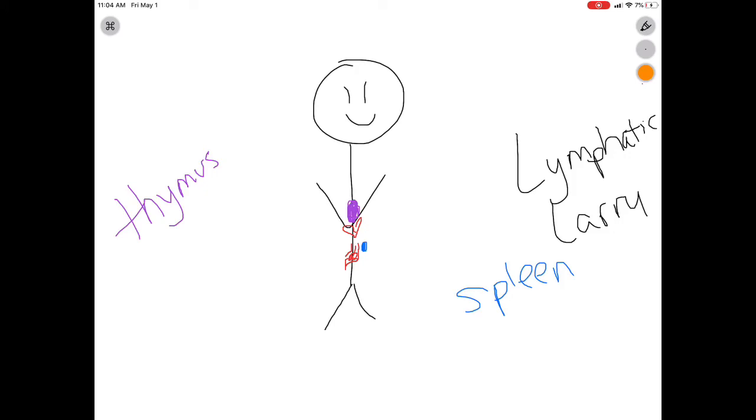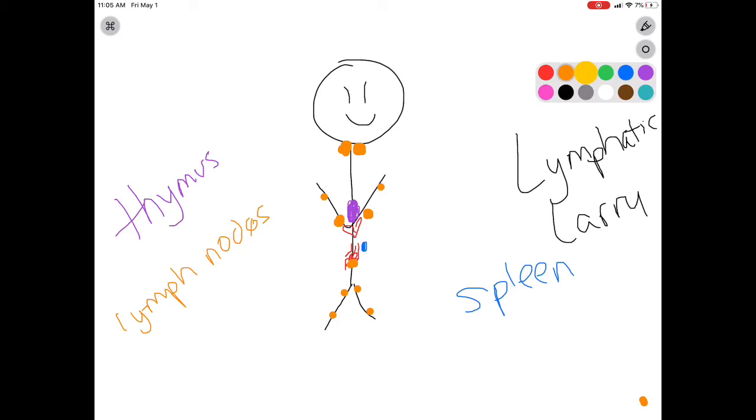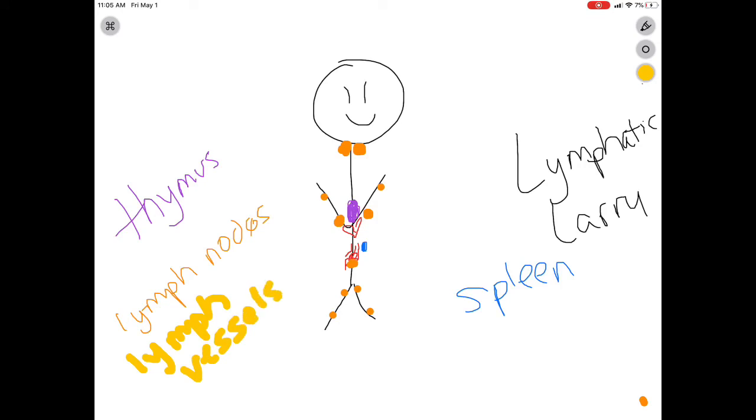Next I'm going to add all of the lymph nodes. As I said before, there's specific locations for the lymph nodes. The first is going to be in the neck, in the armpits, the groin, and then you'll find a little bit smaller ones in the knees, the elbows, and then you find another major one in the mediastinum area, which is the center of your body.